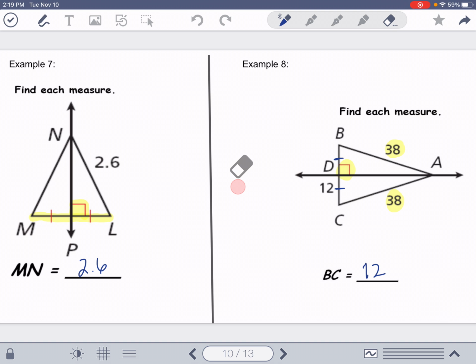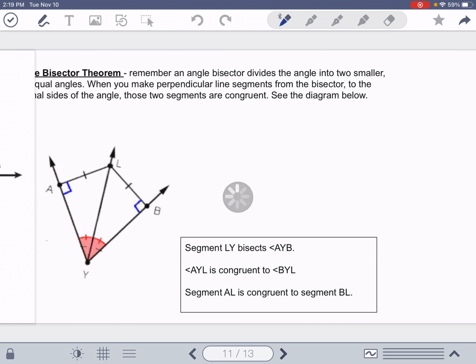Because I didn't look at the problem. BD is 12. BC is BD plus DC, which would be 12 plus 12, and that's 24. So I almost made a mistake here. Make sure that you guys don't do that.